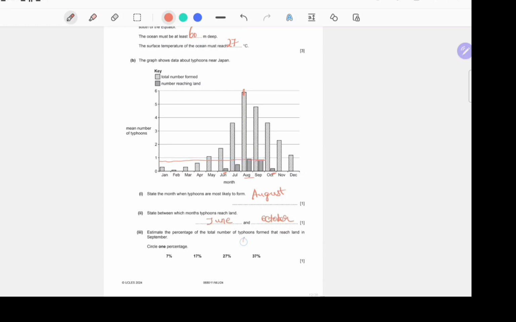I made it around 0.85, and the total is 4.9. This is the height I made for September. So from here I calculated this way, times 100%. Okay, so it is around 17.34, so I made it 17%.